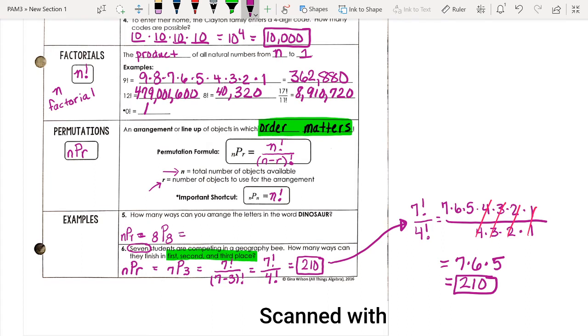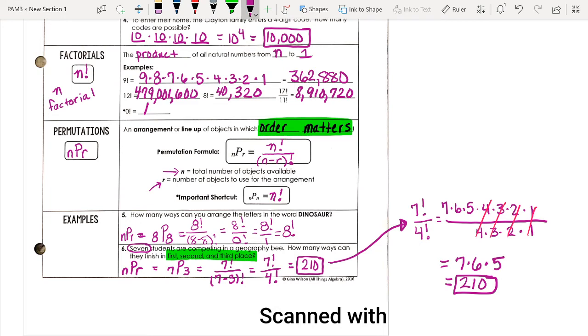If you use the formula, you get 8 factorial over 8 minus 8 factorial, which is 8 factorial over 0 factorial. And we know that 0 factorial is 1. So you just need to do 8 factorial for the math. So this is how come the shortcut works.